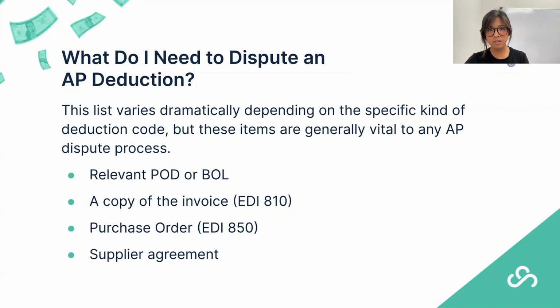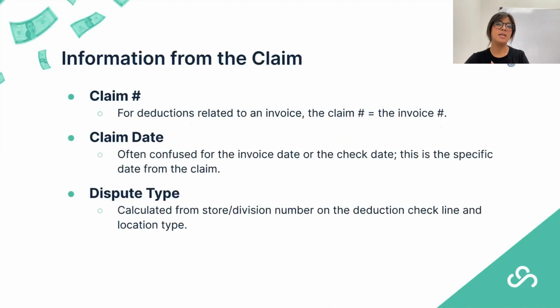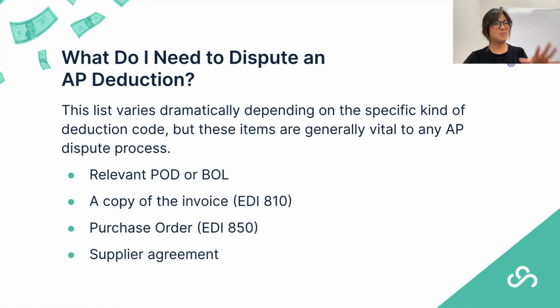If it's a shortage related deduction, like we talked about earlier, you're going to need that BOL or POD. Generally speaking, these are the types of information that you need: the proof of delivery, the bill of lading, invoice, PO, supplier agreement. But again, your mileage may vary.